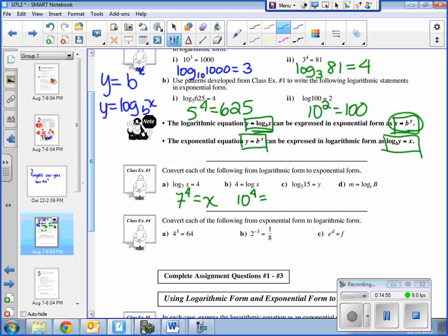Equals? Good. What's my base? What's my exponent? Equals? What's my base? Equals B.